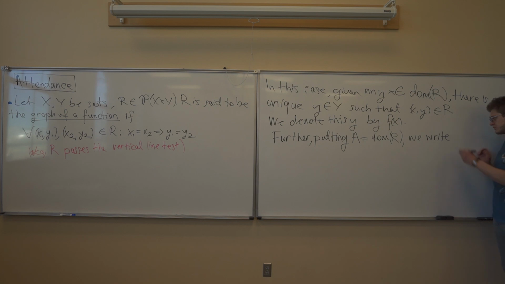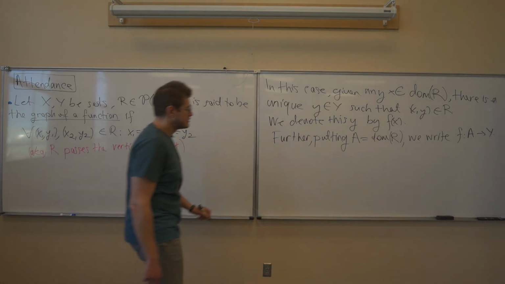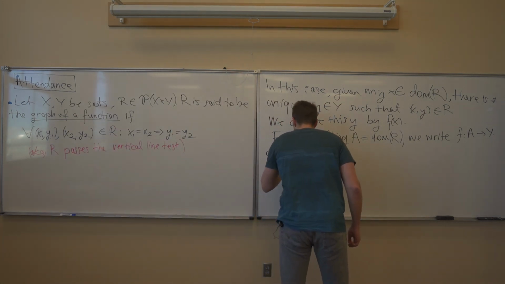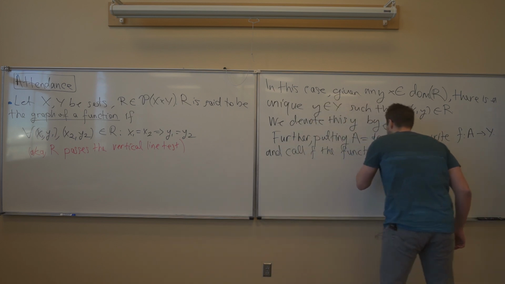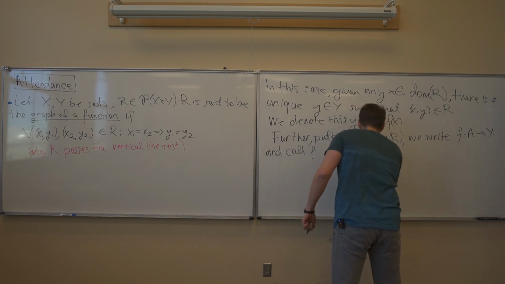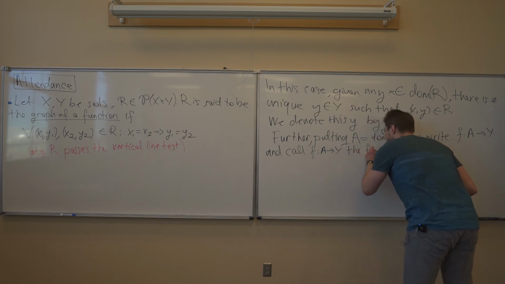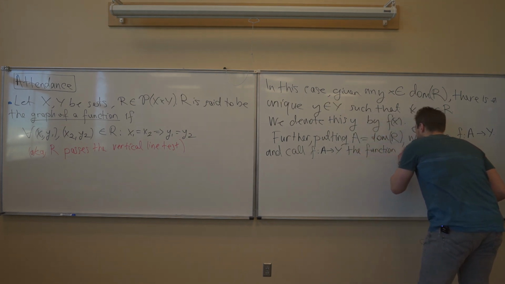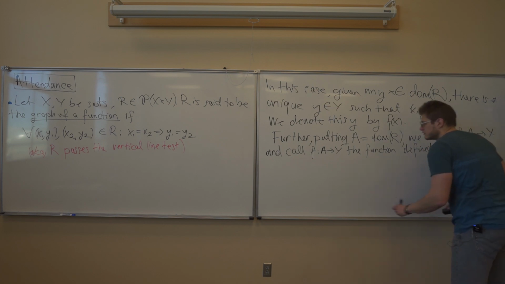So this is the more common notation that we're going to use. f colon A arrow Y for this situation, and call f the function defined by R. Maybe I should be more careful here. Let me say call f from A to Y the function defined by R.